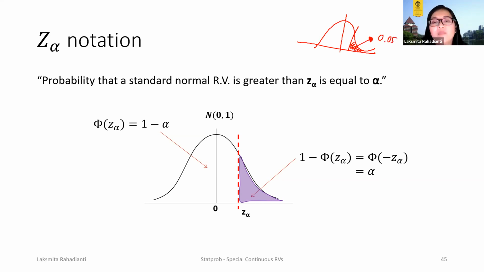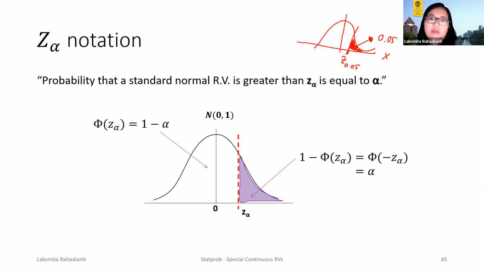Just for example, I know that 0.05 of the population will fall in this area here. Whatever value I need on my x-axis to draw that particular line, that is the Z 0.05.